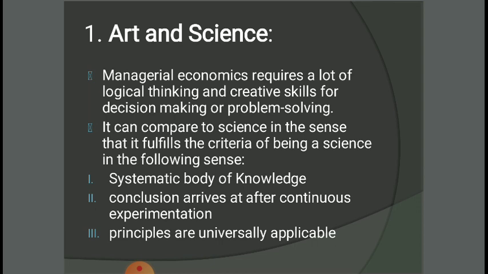ME serves the knowledge of how scarce resources can be put to the satisfaction of needs in a maximum way. The second criterion of science is that conclusions arrive after continuous experiment. Likewise in ME also, policies are framed after continuous tests.